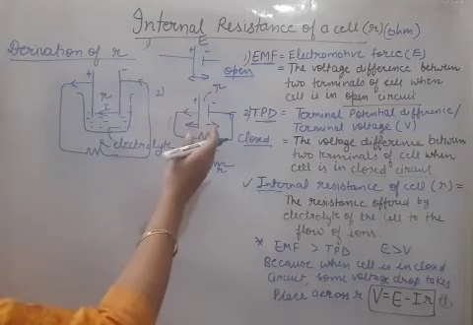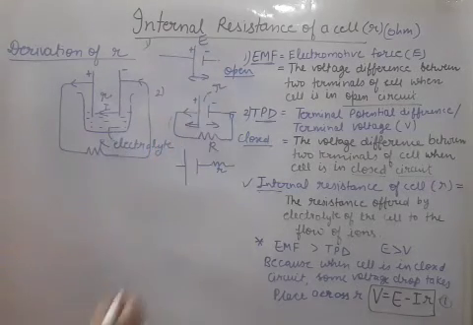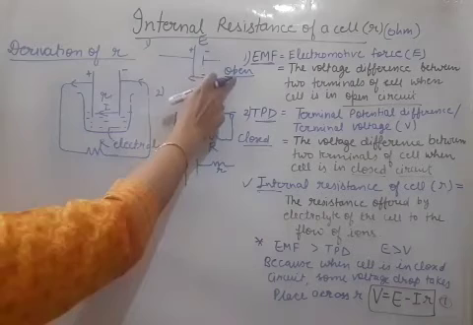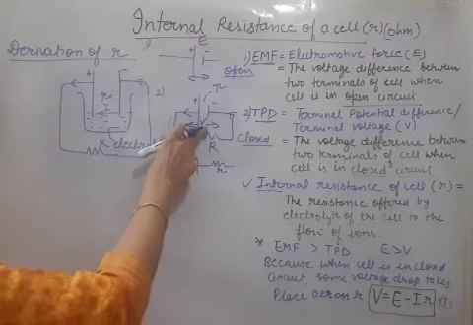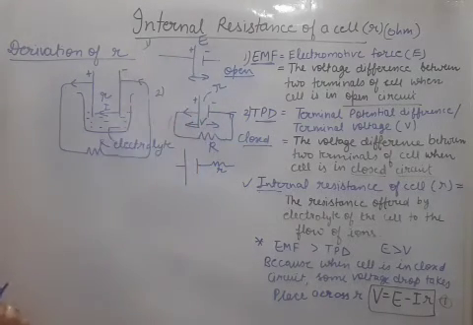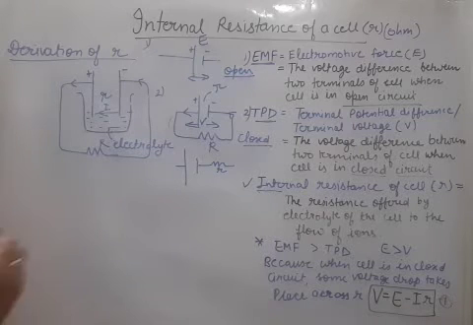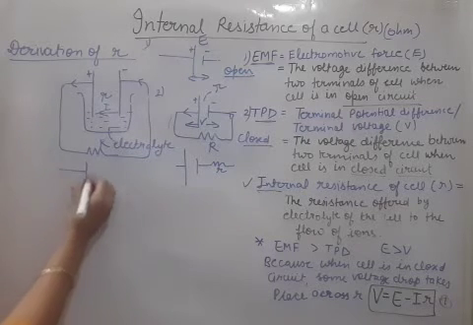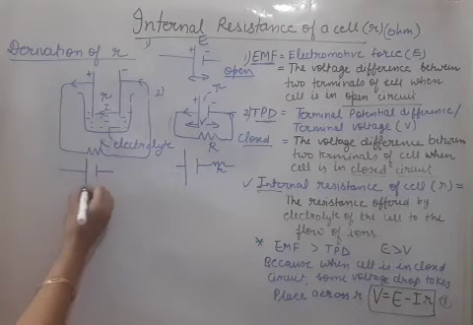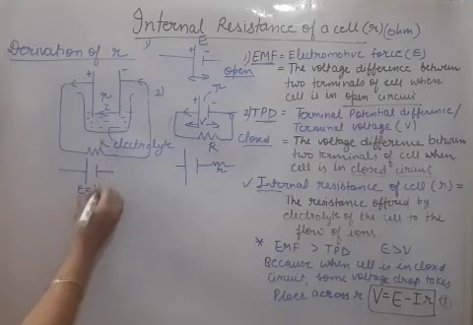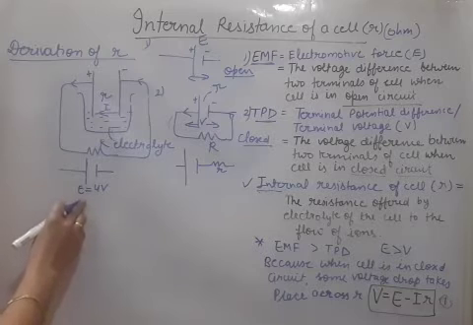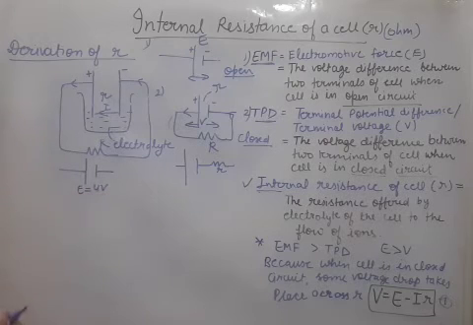Now how does it happen that E and V are different? When the cell was open, then the voltage was E. When the cell is closed, then V is the voltage of the same cell. To understand this case, let us take an example. Suppose a cell, when it is open, has E, that means maximum voltage E, of 4 volt.